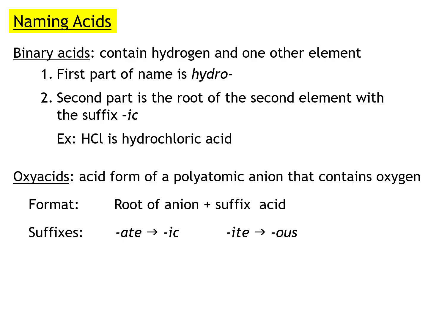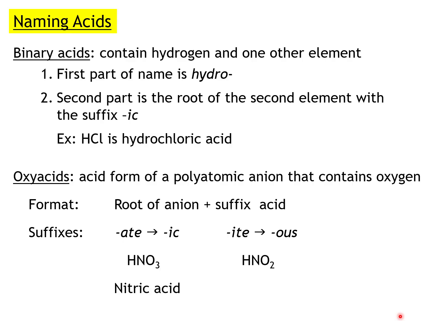So if your anion ends in an ate, we're going to change it to an ic. So for example, HNO3, we ignore the hydrogen part. That has to do with the acid. And so we get our list of polyatomic ions out, and we see that NO3 is nitrate, which means that when it's in its acidic form, like HNO3, it's going to be nitric acid.